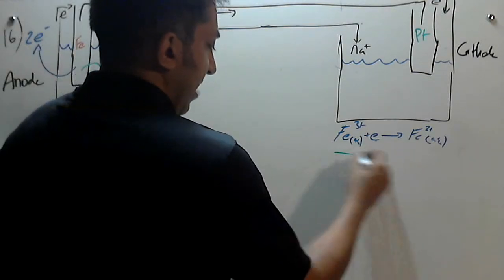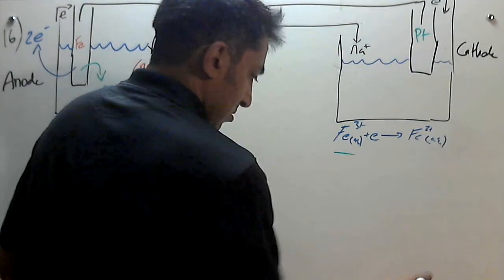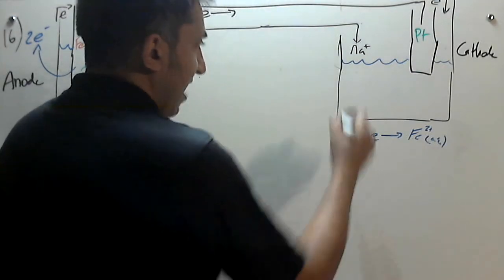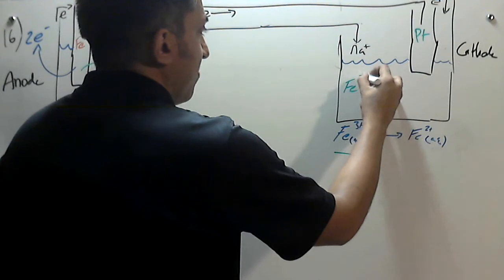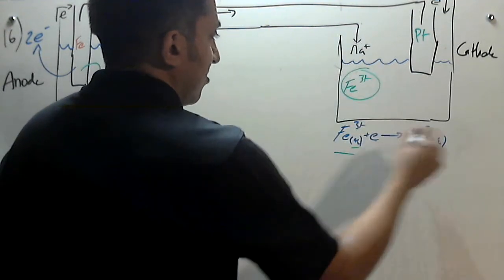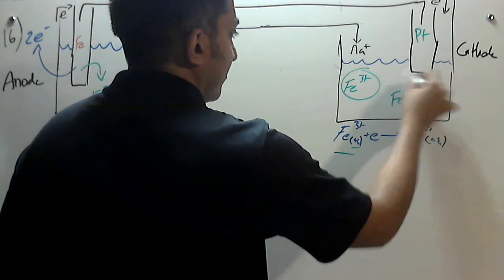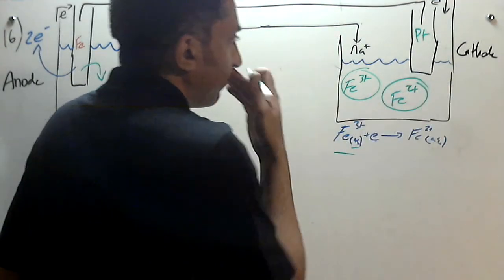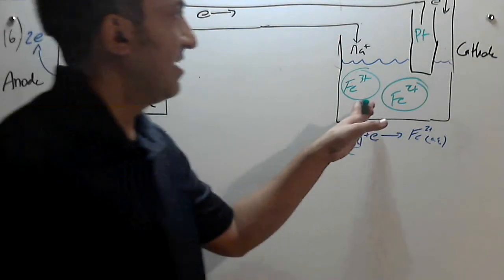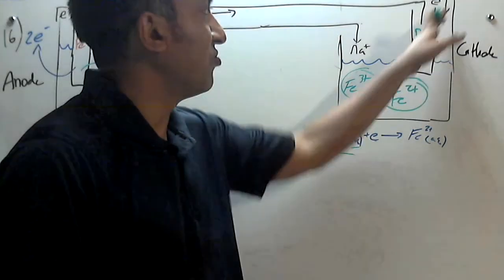We're told we have Fe3 plus aqueous. We're told we have Fe2 plus aqueous. The reason why we have that is because they're going to be attracted to these electrons.